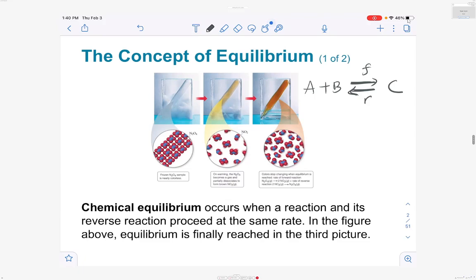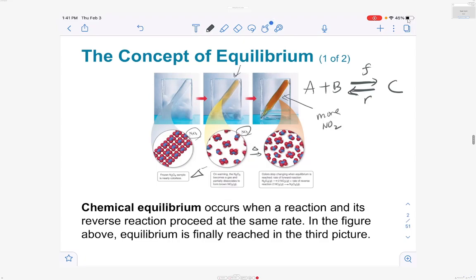This solid has a boiling point of 21.2 degrees Celsius, and as the glass tube is heated, dinitrogen tetroxide boils and becomes gas and forms nitrogen dioxide gas. A light brown color here indicates the presence of nitrogen dioxide, and as the sample is further heated, more and more nitrogen dioxide is generated, and the tube has a darker brown color.